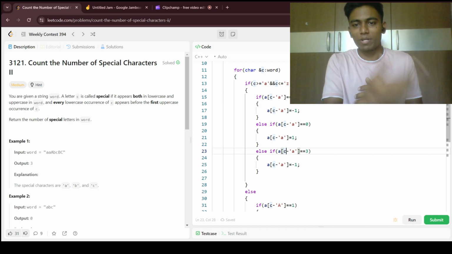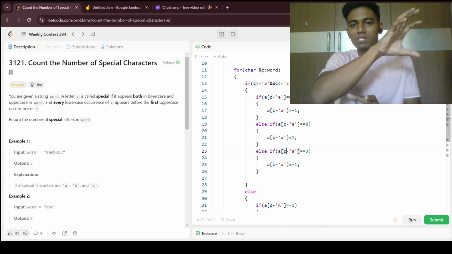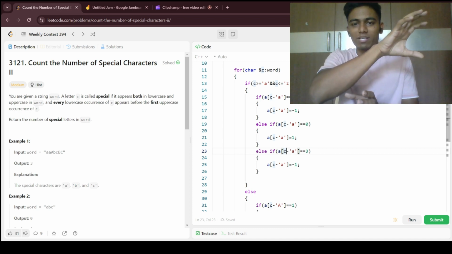That's why we are going to set a of c minus a to -1, because the capital letter has occurred before the small letter.